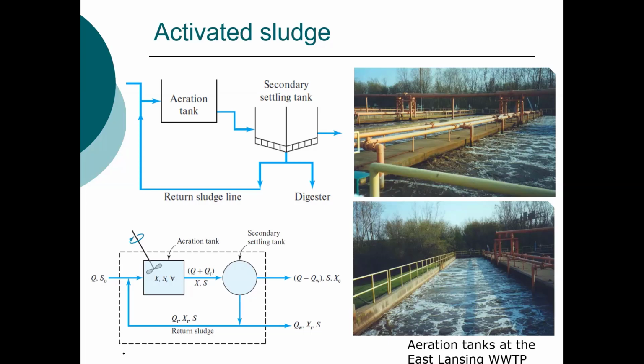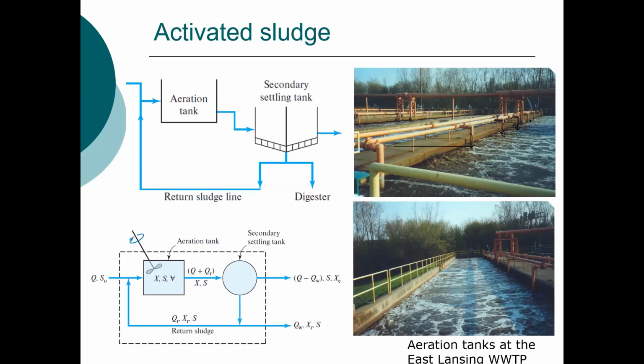They're very long, they're serpentine. They provide, as you can see, the bubbling. These are the oxygen diffusers right here. Organisms need oxygen in order to survive. This is aerobic.